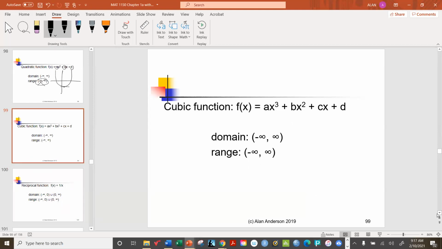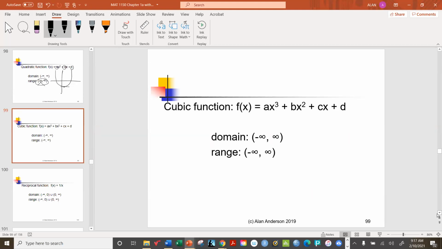Here that isn't a problem because these cubic functions typically go all the way to positive and negative infinity on both axes. There's no constraint on cubed functions. They can be both negative and positive. So we saw a couple of these earlier.